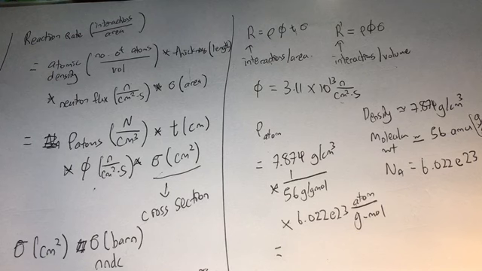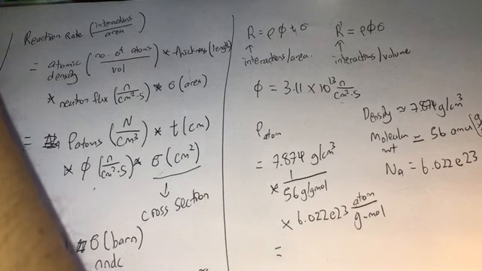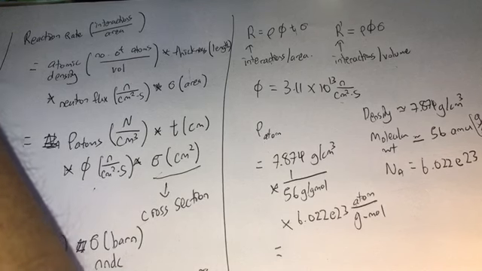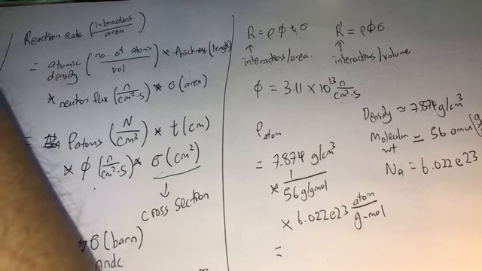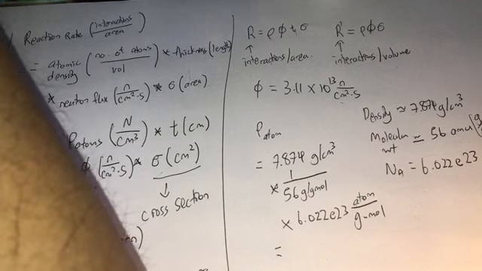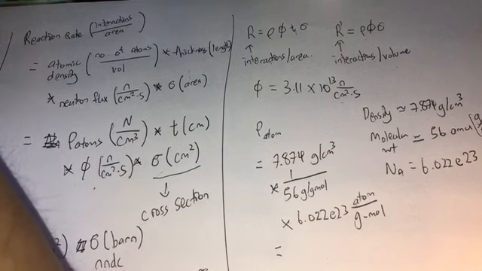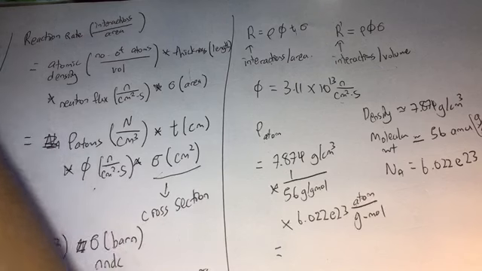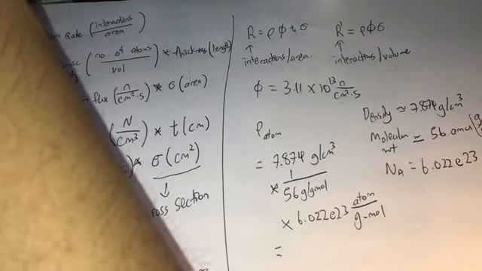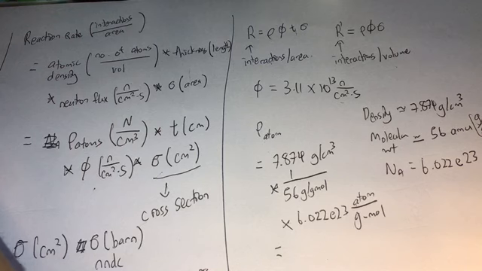Let me type all this down in Excel: 6.022 E23, 1 over 56, 7.874. I'm going to use a product function. You probably can't see what I'm doing, but never mind.